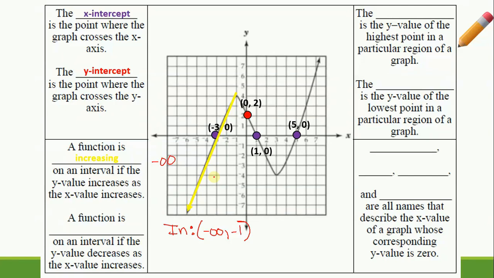Because when you're looking at a timeline about national debt, you're not going to use the y values. You're going to say the national debt increased between the years 2012 and 2015. You're not going to say between the values that it increased. You're going to say the years that it increased. So in this case, we're going to want to always use the x values for increasing and decreasing.